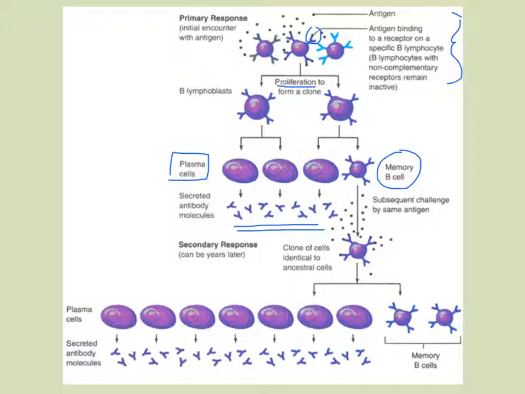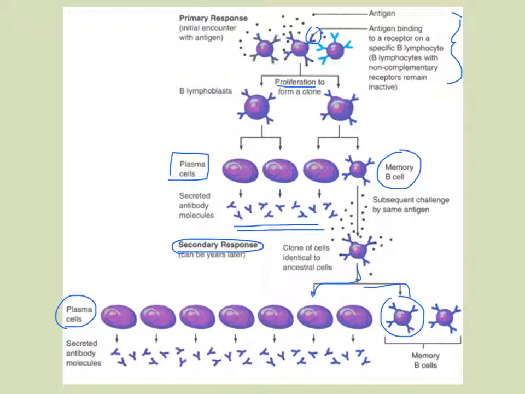This particular picture also shows that there can be a secondary response, which could be even years later, that this antigen appears again, and so then you get plasma cells being made by the memory cell, and so we've got more memory cells created again, but many, many more plasma cells.